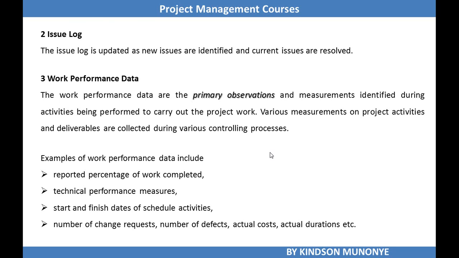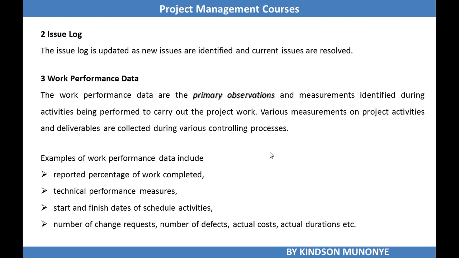Take note: the primary observations are measurements identified during activities being performed to carry out the project work. Various measurements on the project activities might be used during the controlling process, so it serves as an input to control stakeholder engagement.